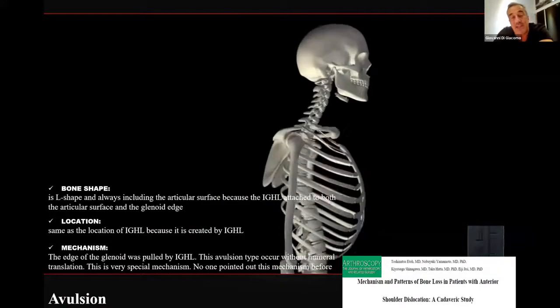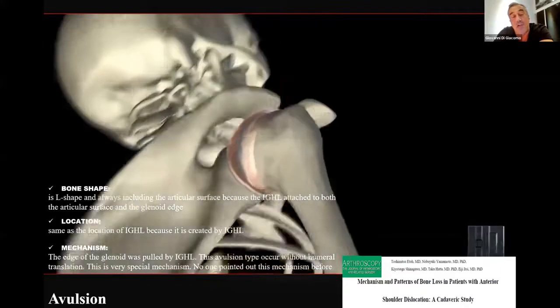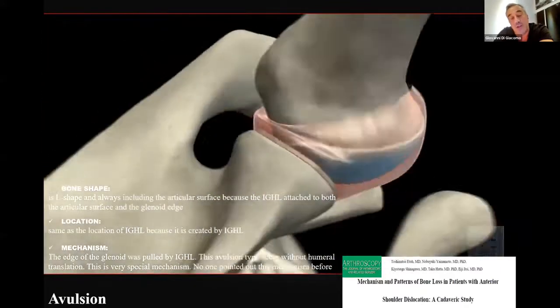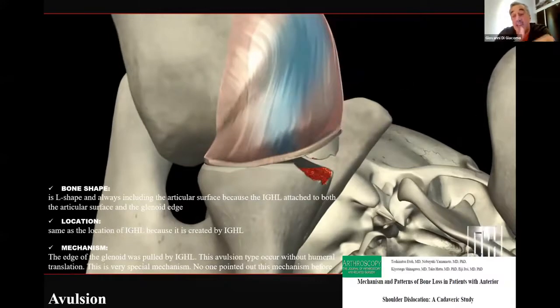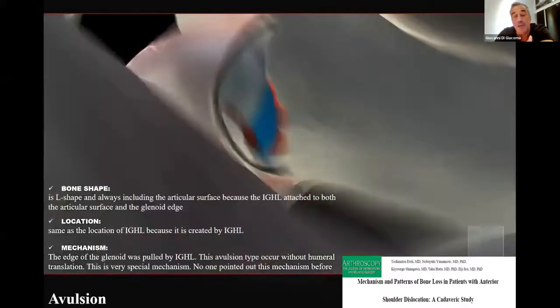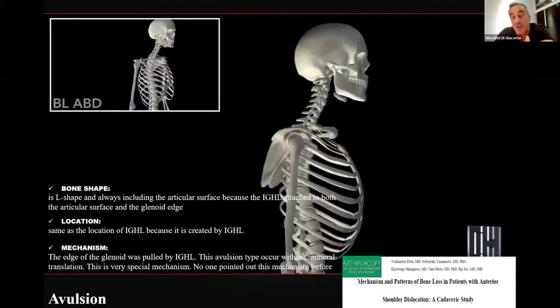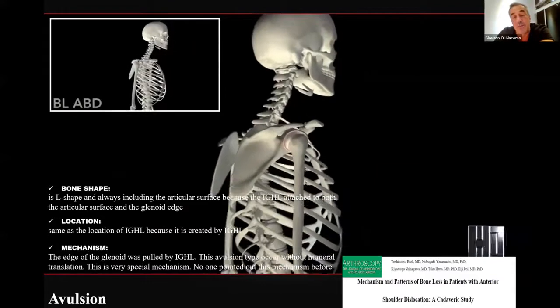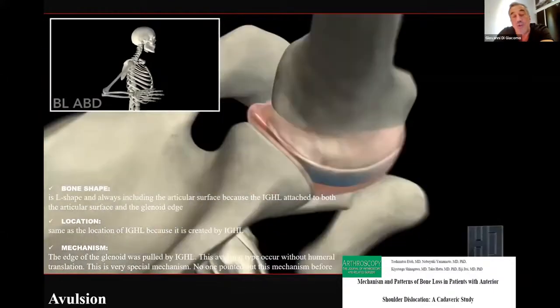Very interesting is that this kind of glenoid fracture is not related to the dislocation, but is an avulsion fracture. This is a new concept that keeps the glenoid and the head very unstable from the bone point of view. It is called avulsion.